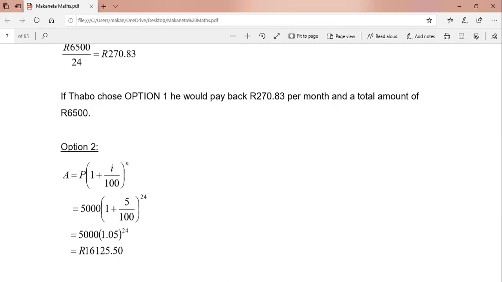And if you add 1 there, you get 1.05. And then to the power of 24. And when you multiply, it means you must multiply 1.05 by 1.05, 23 times. All right? And of course, you multiply the answer with 5,000 to get a total amount of 16,125 rands and 50 cents. So you can see now that the value has increased.